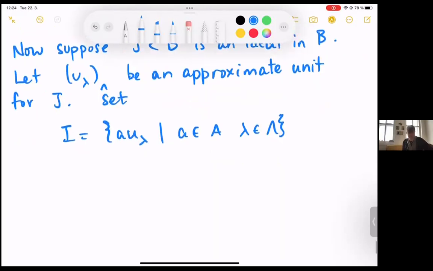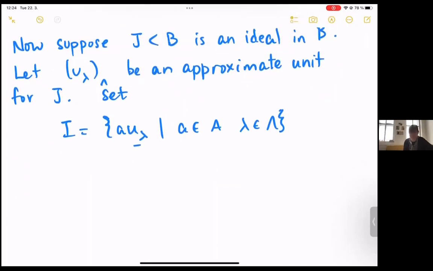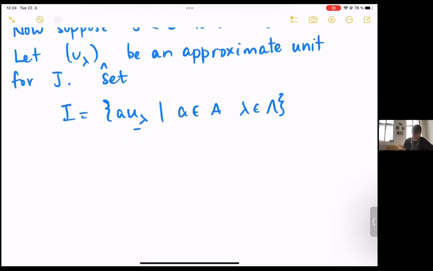This is a perfectly reasonable set. And in fact, it's going to be an ideal. That's not so difficult to check, since u lambda absorbs things from B. And of course, for multiplying things by A, we still land in this set.